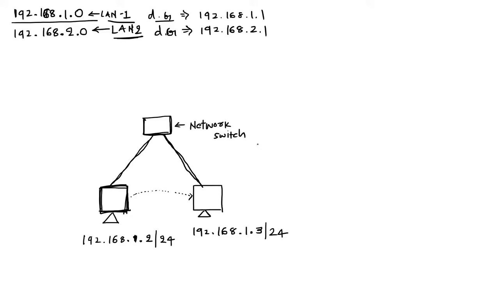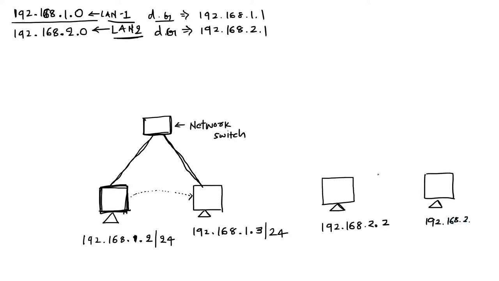Okay, and then we are going to create another LAN by using one PC whose IP address is 192.168.2.2. Take another PC, 192.168.2.3. Then we will connect both these PCs within the LAN using a network switch, on different ports.